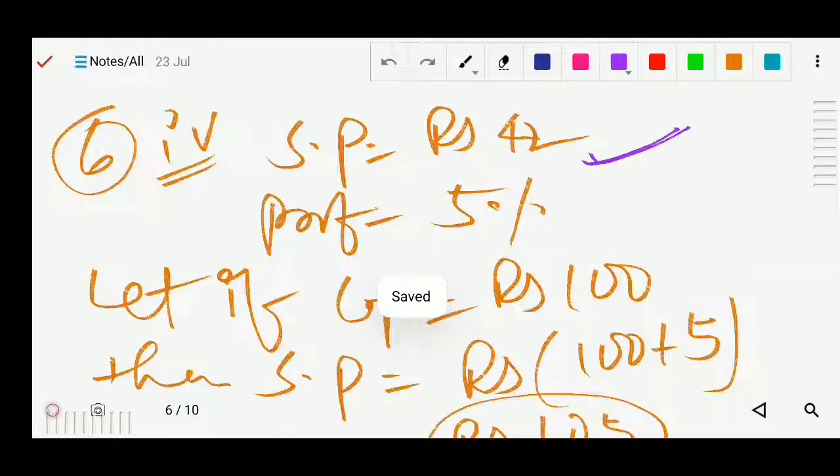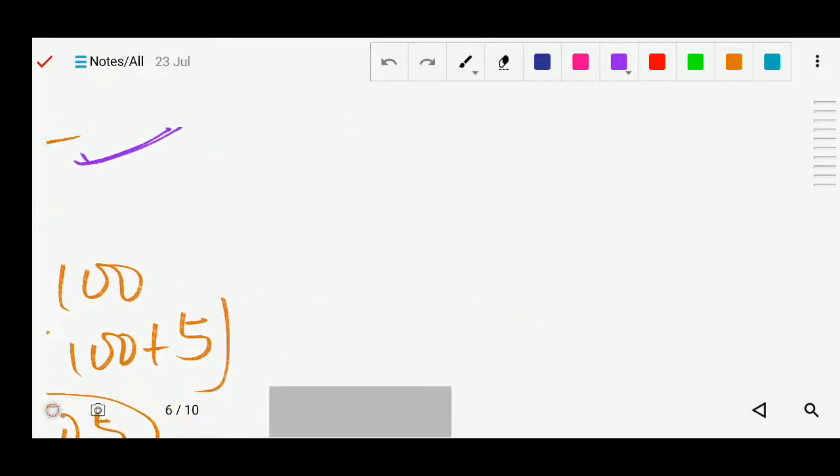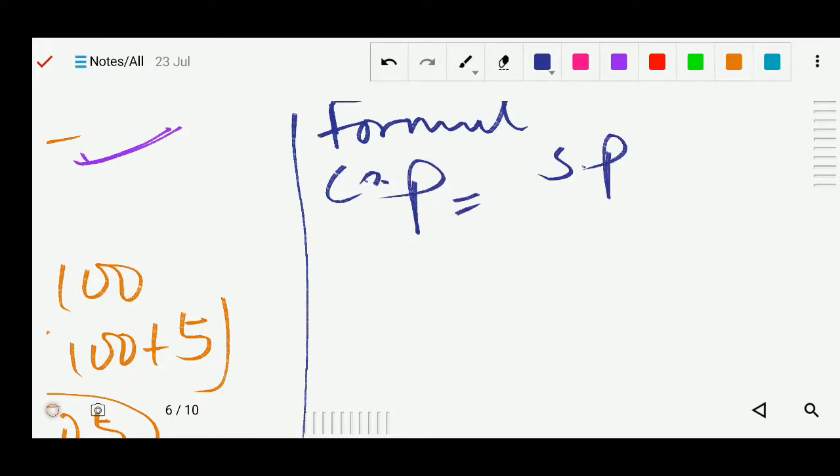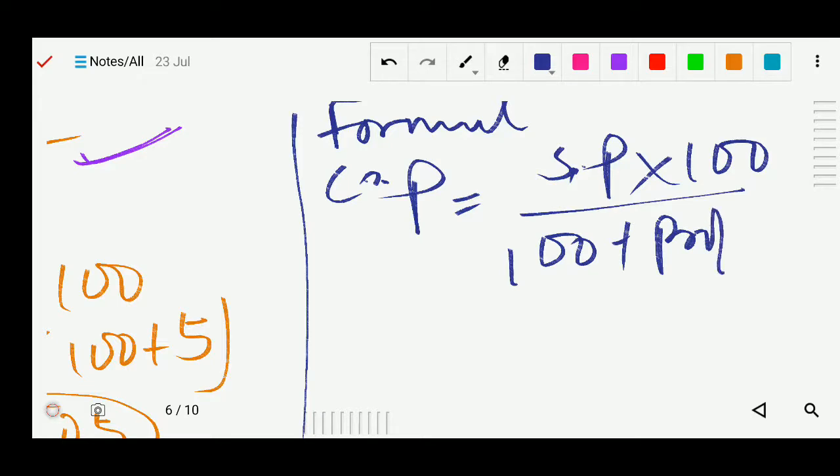I will solve the same question with the help of the formula. So what is the formula? Cost price is equal to selling price into 100 divided by 100 plus profit percent. Got it?